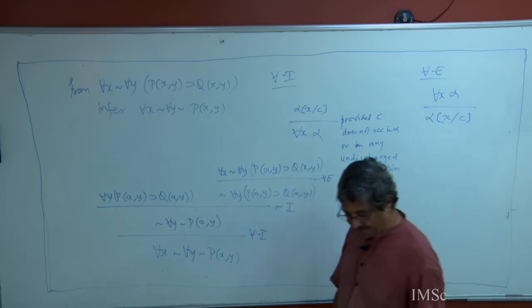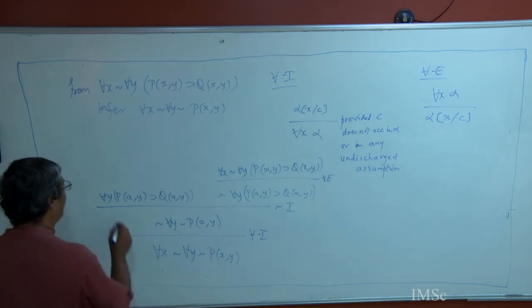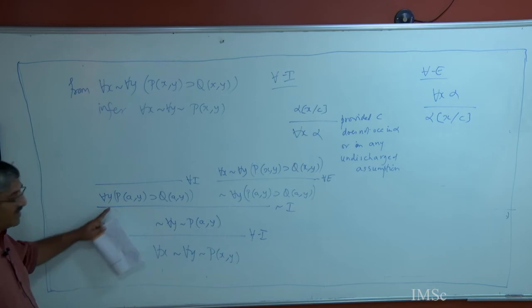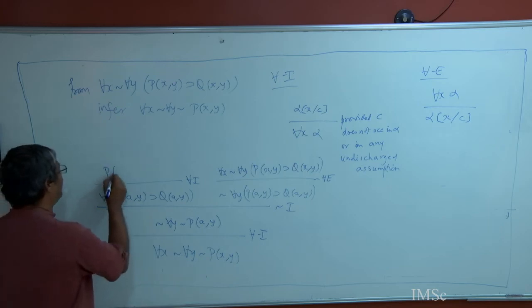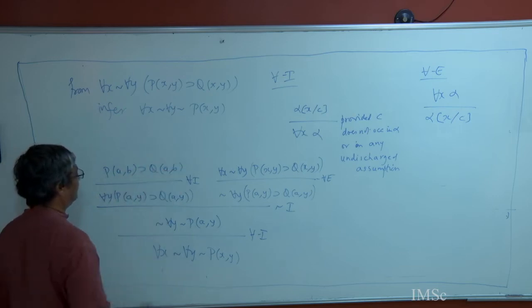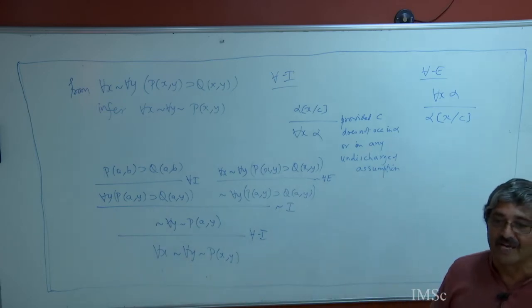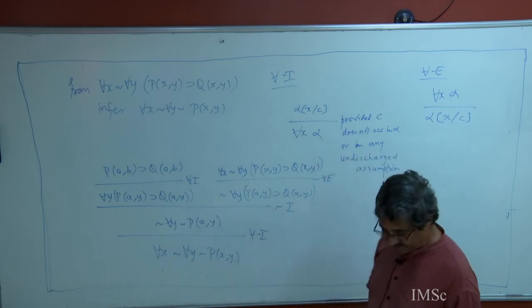What about this one? I have to somehow get this. So this has to be a for all introduction rule, because there is a for all sitting here. So I'll throw in a P A B implies Q A B, some substitution. Once again, as I move up, I have to make sure that B is not occurring anywhere below, so that's clear.